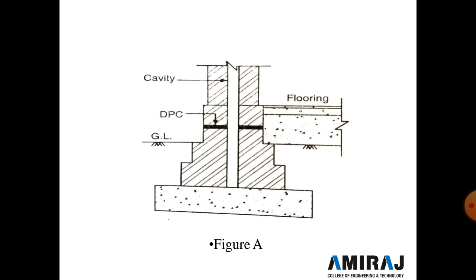In this figure the cavity starts from the bottom, and from the bottom there is no seepage or water traveling inside the cavity because at the bottom we provide the PCC. Clear. And at the bottom we also provide pipes to remove the water.